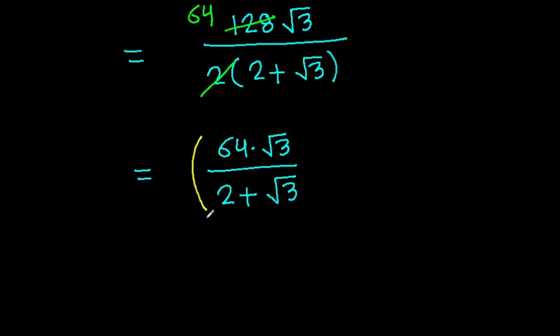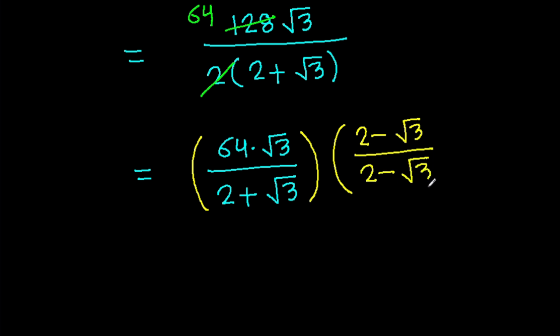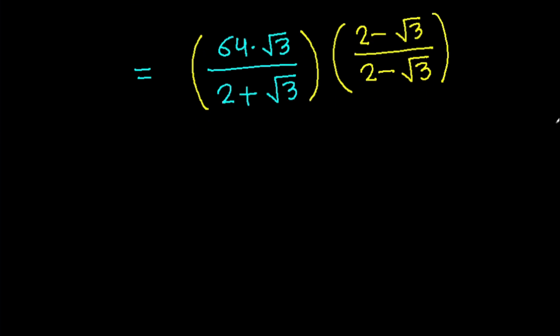and if we multiply it by 2 minus root 3 over 2 minus root 3, then we know that a plus b times a minus b is a squared minus b squared.